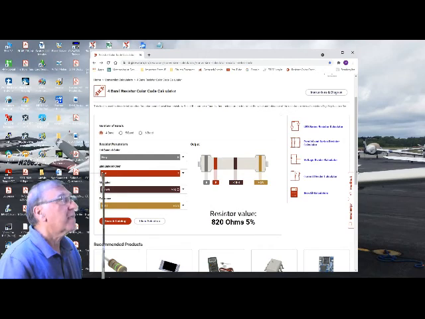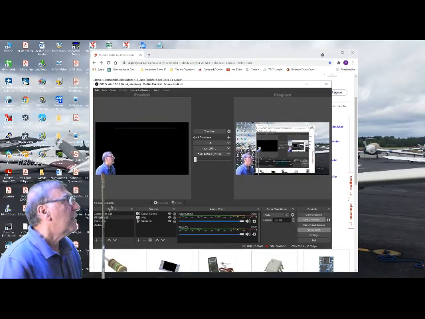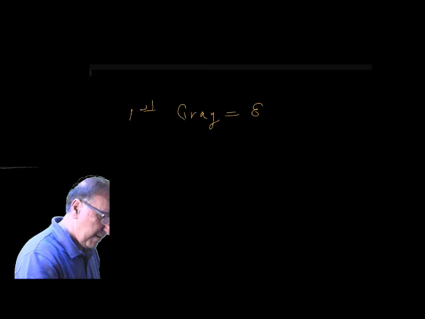Now let's go back. So, we had on our resistor, the first band was gray, equals 8. The second band was red, equals 2.